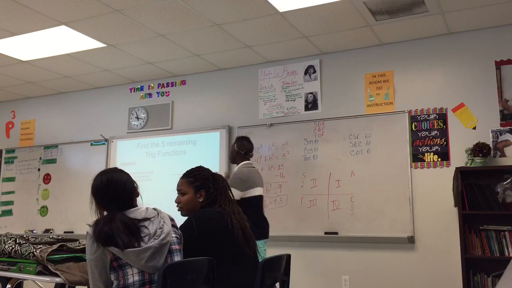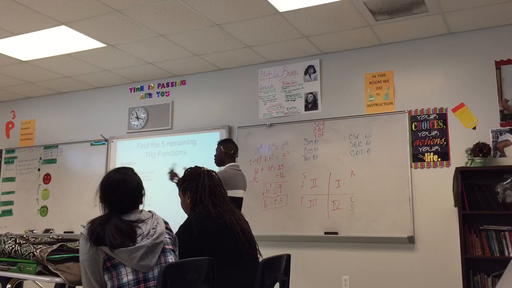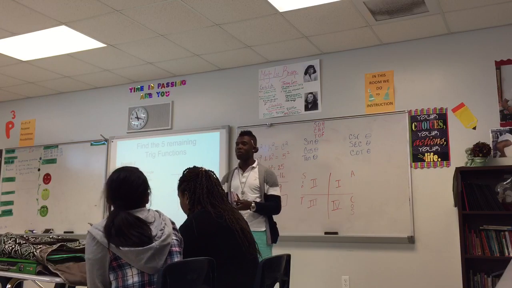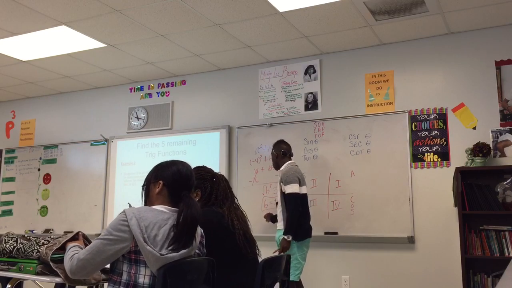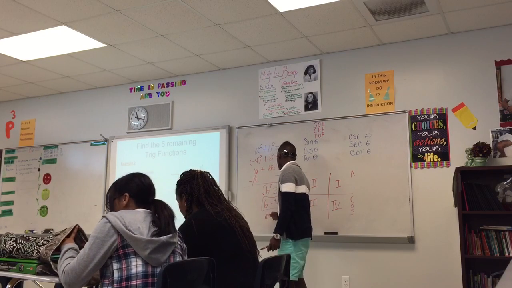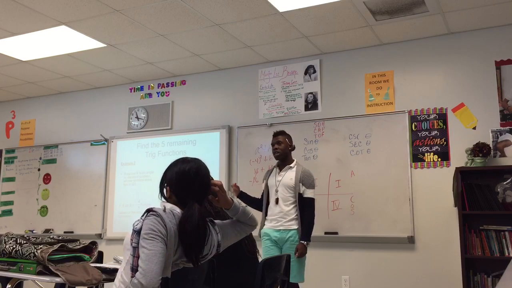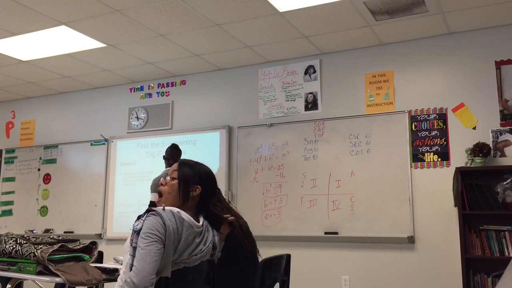In reference to that part of the coordinate plane, and I'm on that side, what is my x going to be? Negative. Perfect. So x is going to be negative 3. Do we all agree? Yes. X is negative 3.